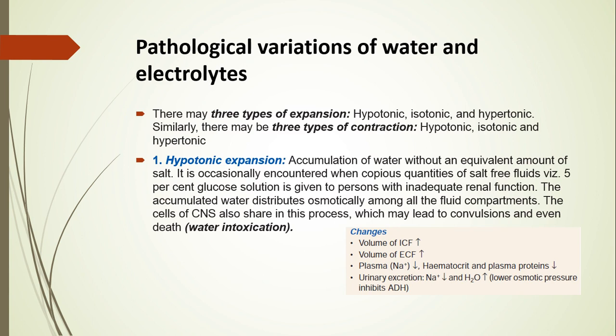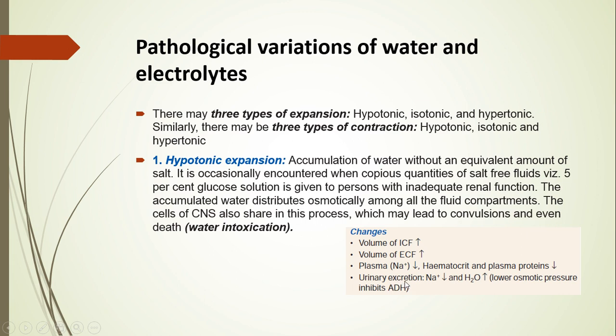This is a hypotonic condition, and in this condition there is high volume of intracellular fluid, high volume of extracellular fluid, low amount of plasma sodium, and low amount of plasma protein.